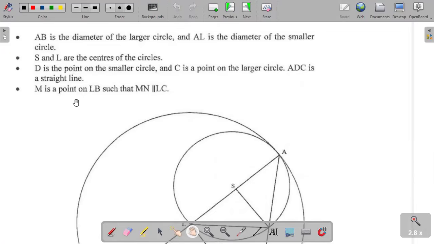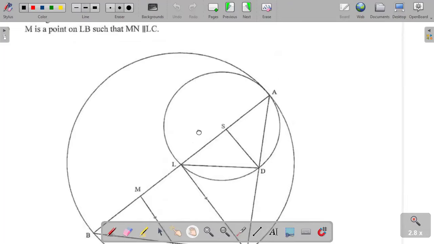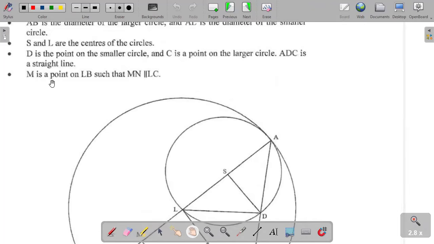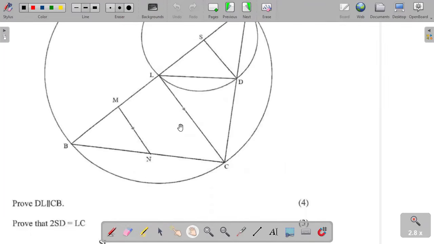ADC is a straight line. M is a point on LB such that MN is parallel to LC. Okay, so they gave us that information.